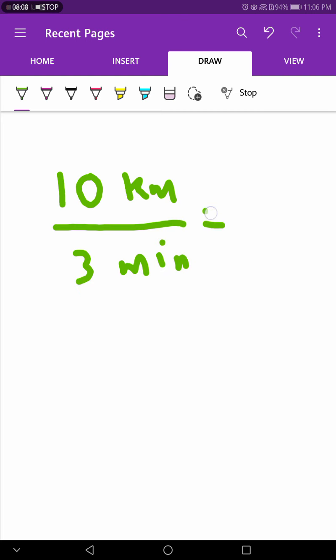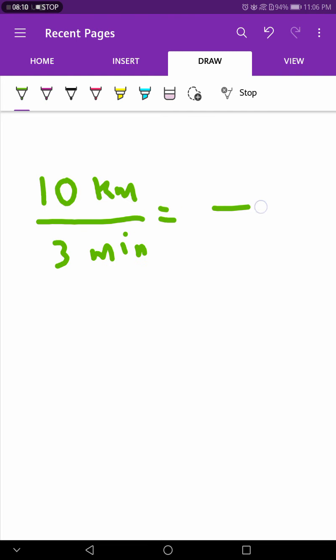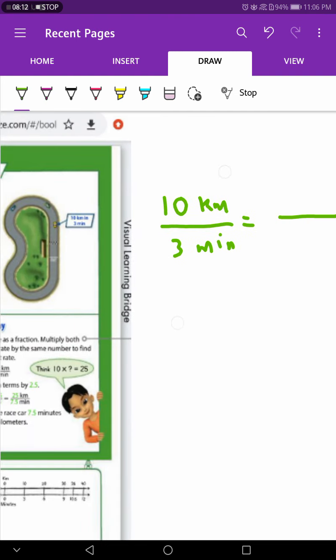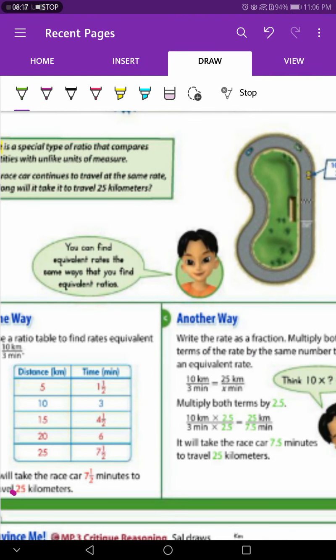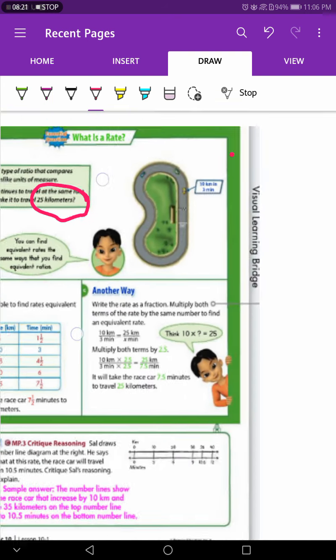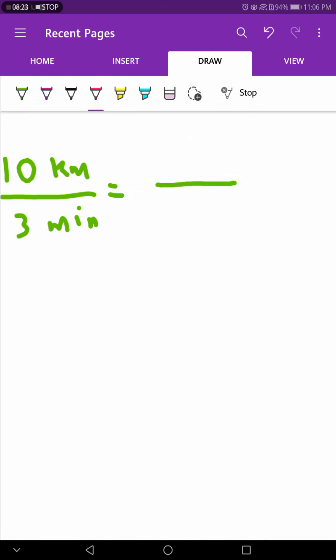What is the question now? I will draw this and prepare myself. And the question is here. See, he asked me 25 kilometers, how many minutes are needed?